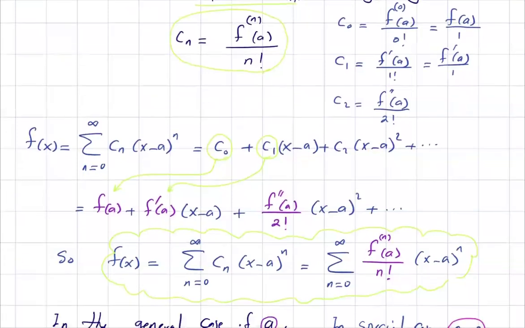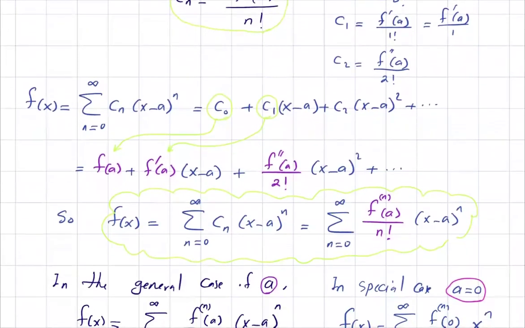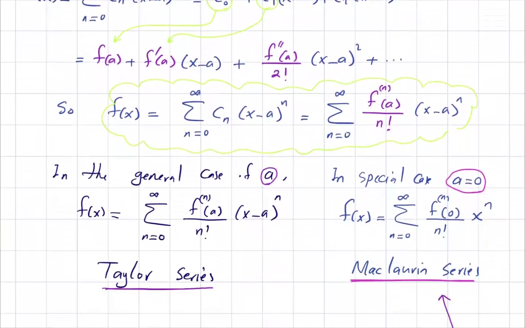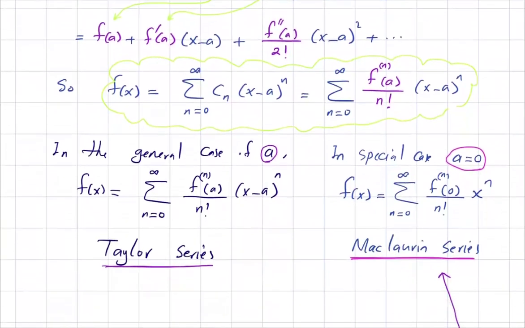So we introduced the Taylor series. In the special case where a is equal to 0, you have the Maclaurin series.